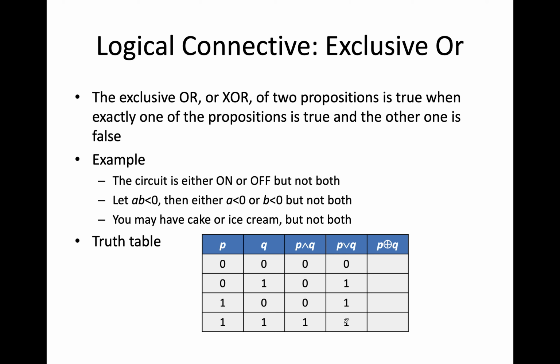Now exclusive OR is a little different from inclusive OR. Exclusive OR, or XOR, is true when exactly one of the propositions is true and the other one is false. So the circuit is either on or off, but not both. In this case, for example, 0, 0 is still going to be 0 because we still need one statement to be true.